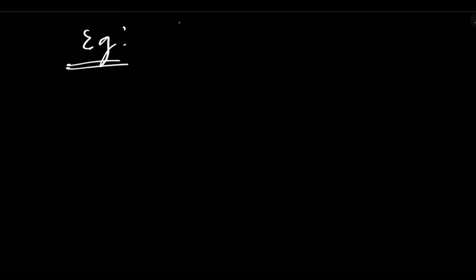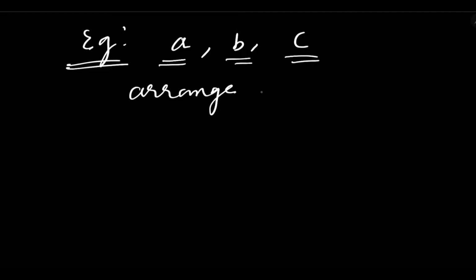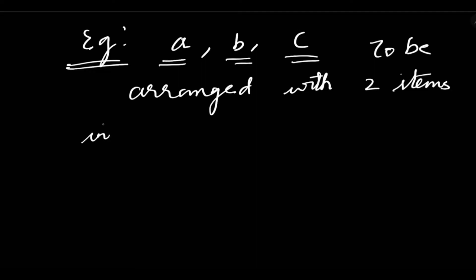The question would be, let us say you have three alphabets A, B and C. These three have to be arranged, arranged with two items in each pair.